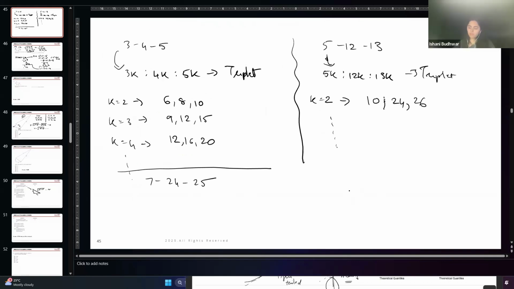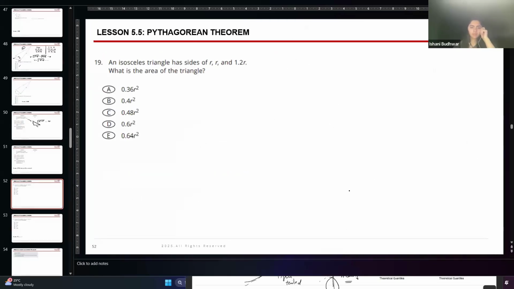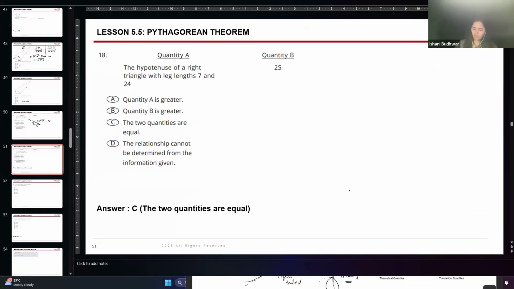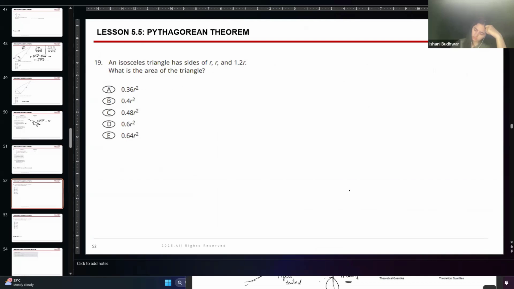So 14, 48, 50 will also be a triplet multiplied by 2. Okay. So the answer here is C. Both the quantities are equal. Okay, next question.